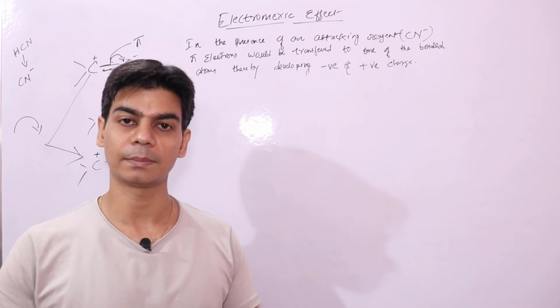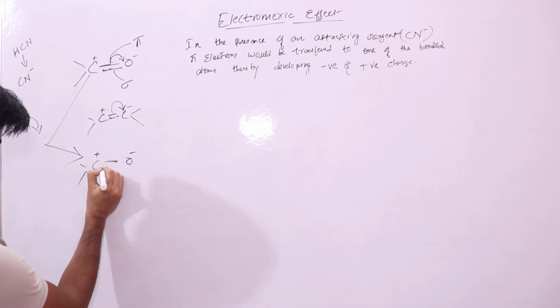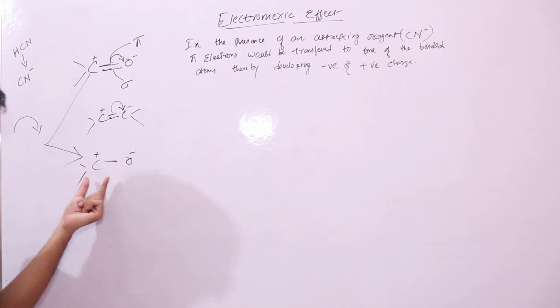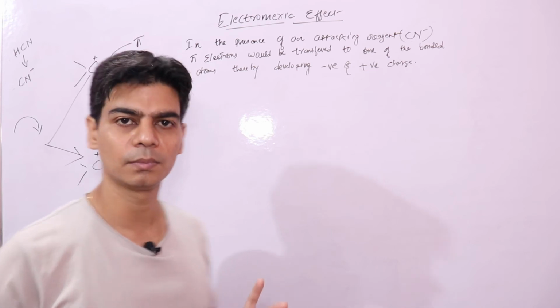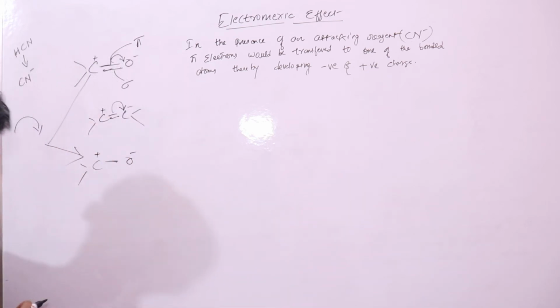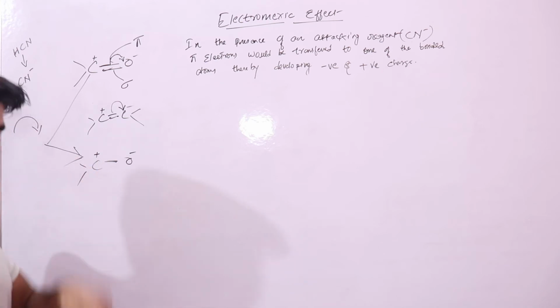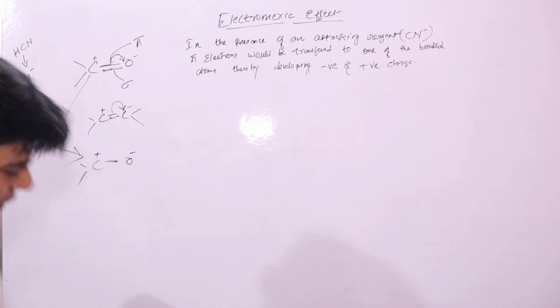Actually the bond has been ruptured, or broken, in the presence of an attacking reagent. Now we have only one bond, and we have charges within an organic molecule. Now the attacking reagent may get attached to this, or to this, depending on its polarity, right?